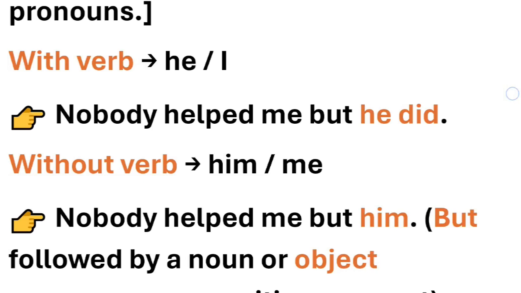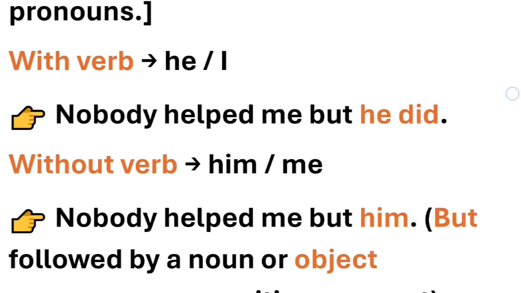So let's understand this. When he and I is correct, when there is verb given, for example, nobody helped me but he did. Now verb did has been given over here. That's why the subjective pronoun he has been used. Remember, verb is given, only then he will be used. Without verb, if in any clause verb is missing, we automatically have to use objective form of pronoun, which is him and me.